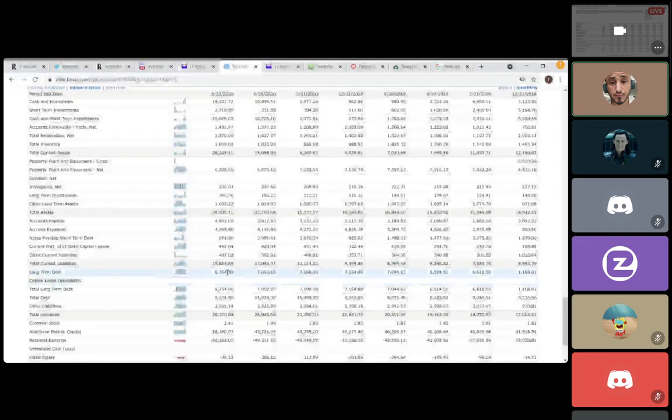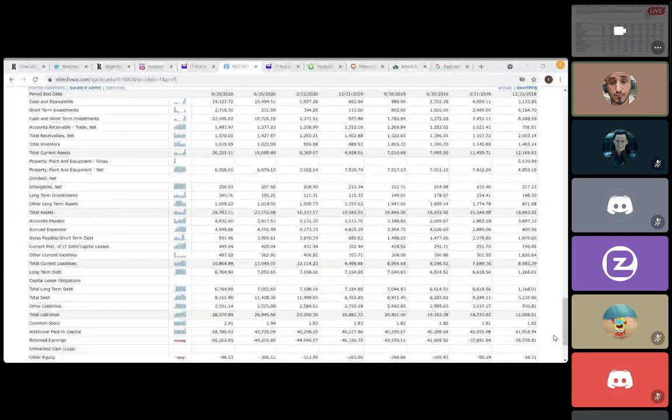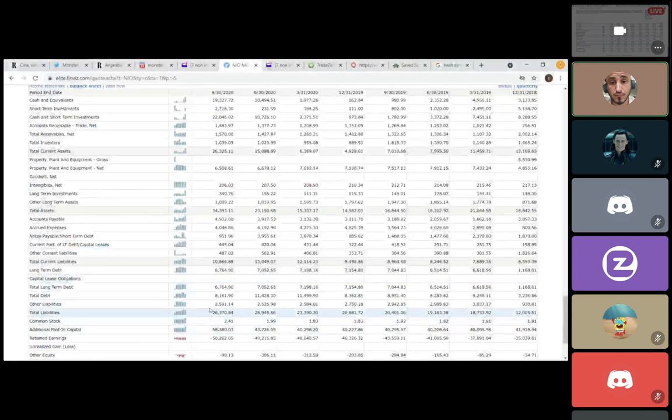They are always around this area. So the debts are not really going down, they are stable.